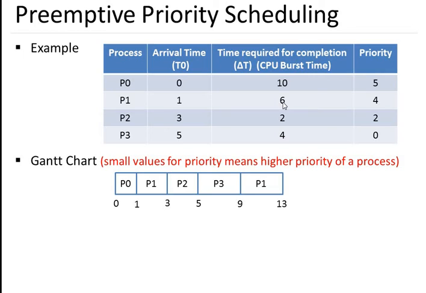That is 6. So 6 minus 2, that means 4 units are still remaining of process P1. So here you can see it is just the remaining 4 units. 9 to 10, 11, 12. So total 4 burst time. That is the remaining.